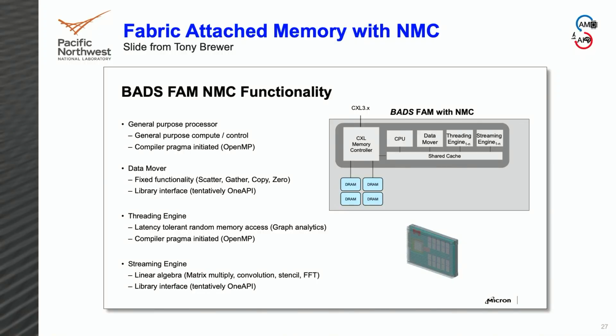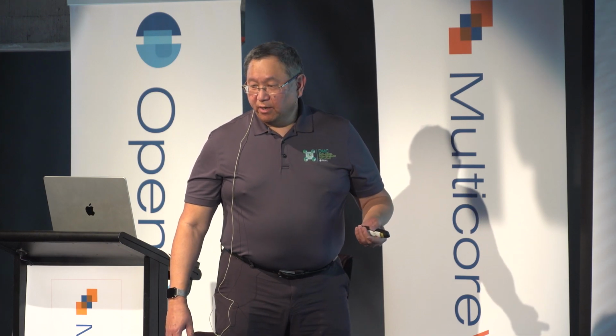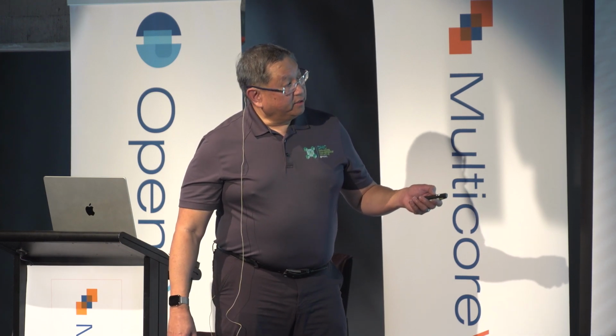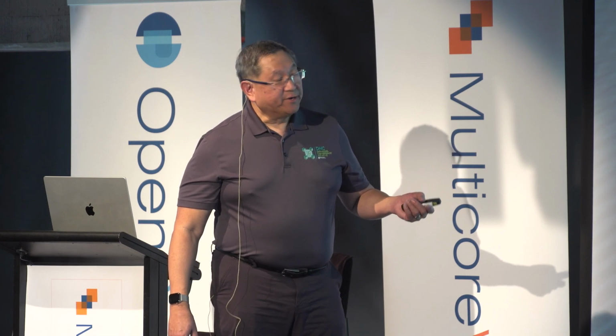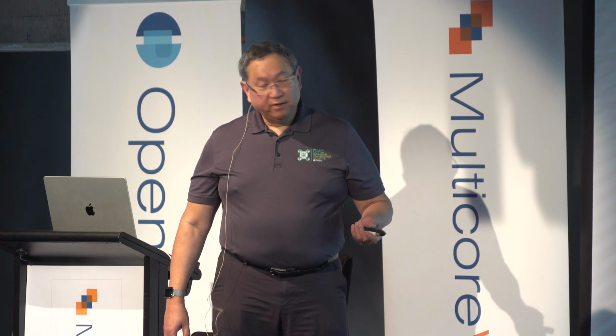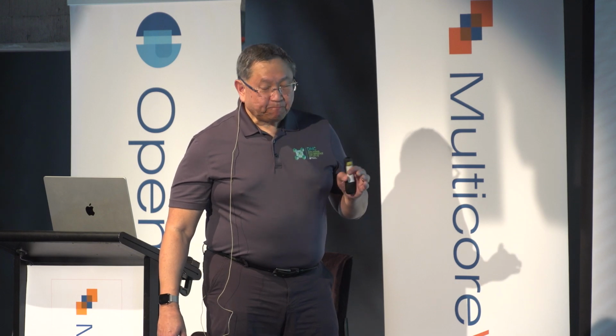And then digging into details on the near-memory compute functionality. Again, I can talk about this now because Tony shared this at supercomputing, but even within this memory module, the idea is that you have a CXL memory controller. You may have hard RISC-V cores, the definition of a couple other engines for data movement, for threading, for streaming.